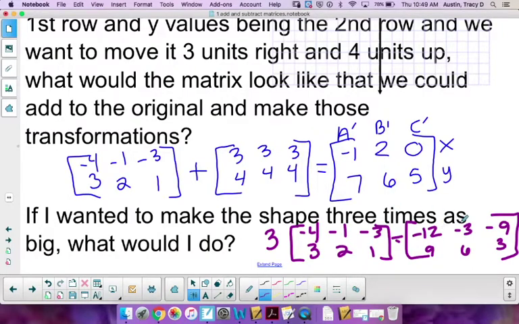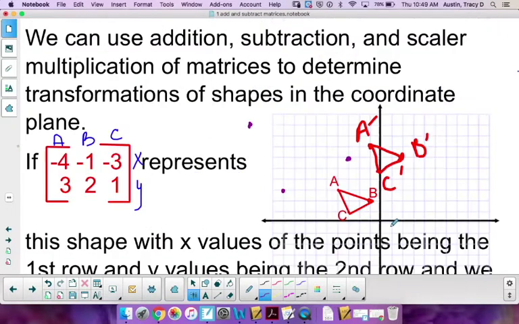Negative 12, 9. Negative 3, 6, negative 9, 3. Okay, so I did it. All right, so that is my shape 3 times as big. And that's the result of where it would be. So there you go. There's our transformations.